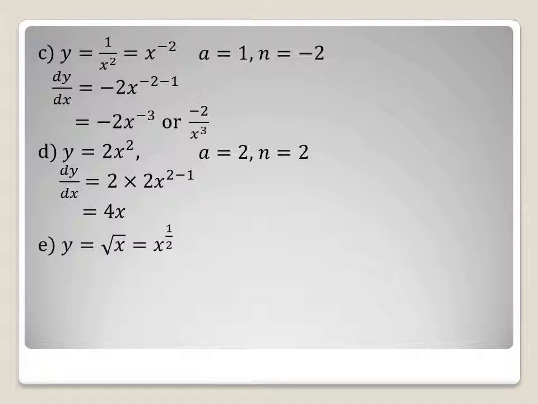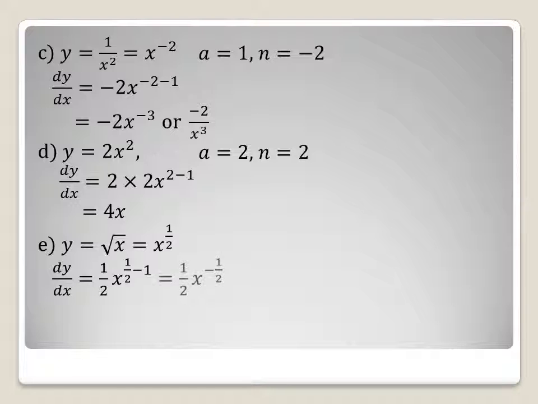Finally, y equals square root of x. This can be written as y equals x raised to the power of 1 over 2. And here a equals 1 and n equals 1 over 2. dy/dx is now equal to 1 over 2 times x raised to the power of 1 over 2 minus 1.